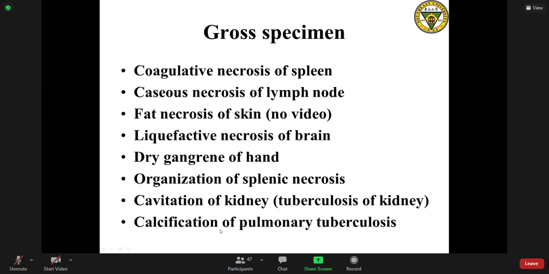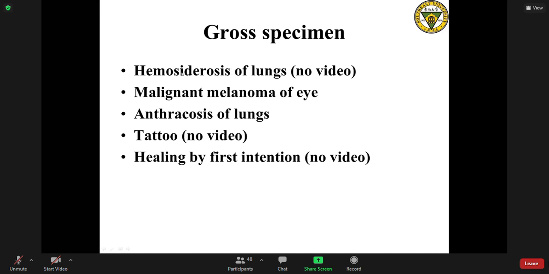Here is the classification. Yeah, tuberculosis in the lungs also can be classified. About the pigment deposition, I can say hemosiderin deposition in the lungs, which means hemosiderosis of the lungs. And some may be melanin. In our body, we have much melanin pigment.